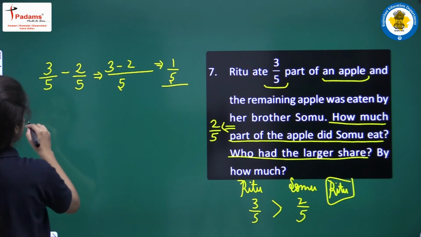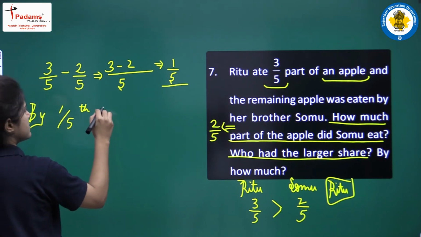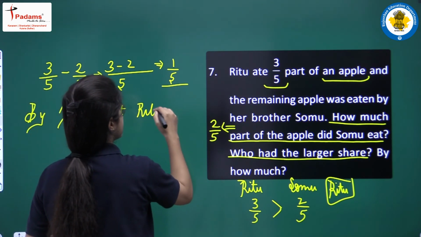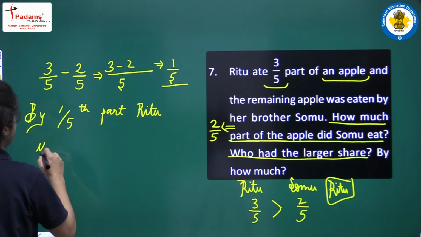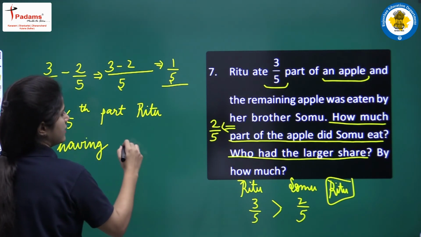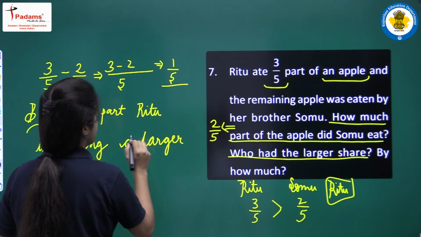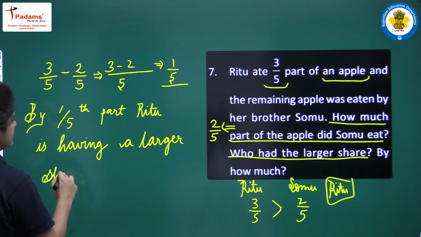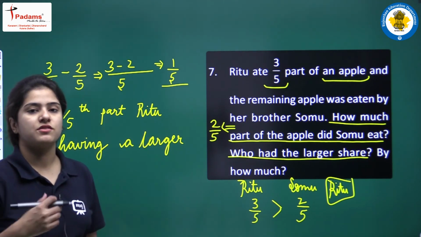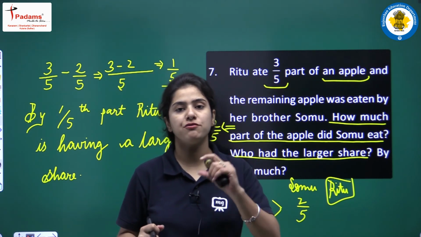So by 1/5 part, Ritu is having a larger share. Alright students, this was your question number 8. We can clearly see that Ritu is having a larger share by 1 upon 5th part of an apple.